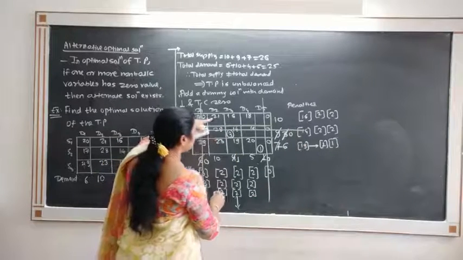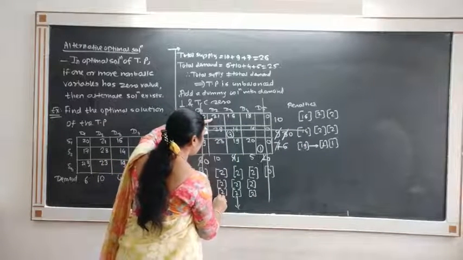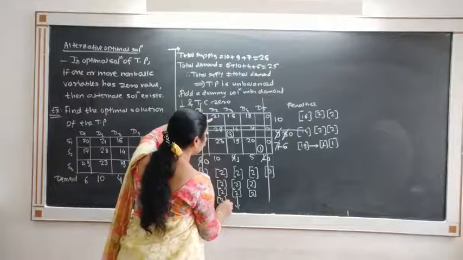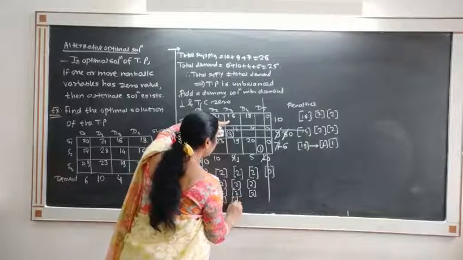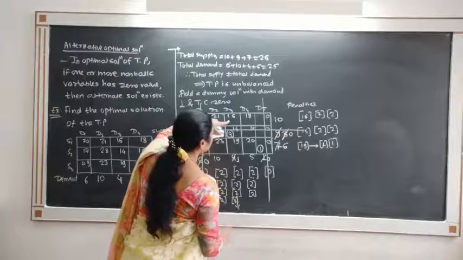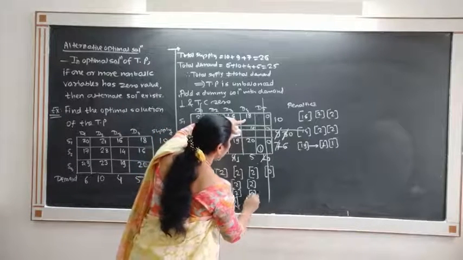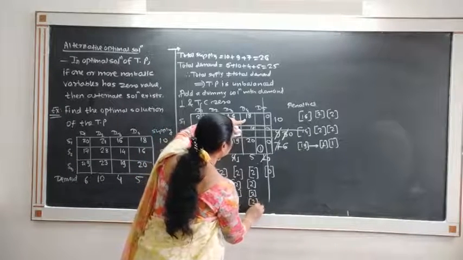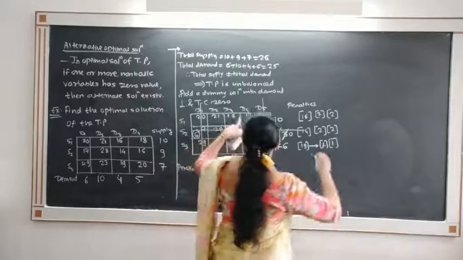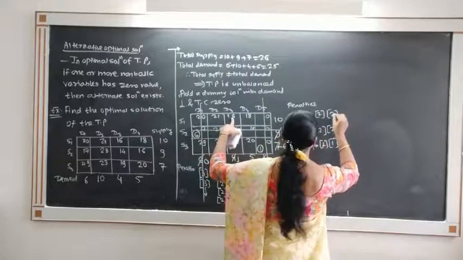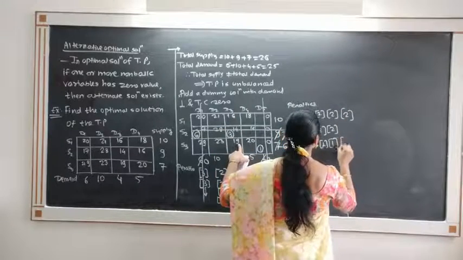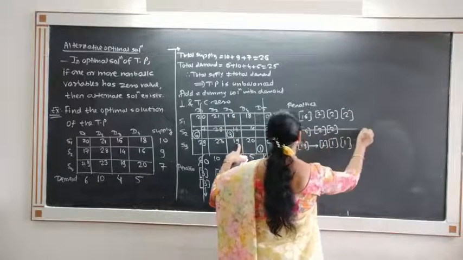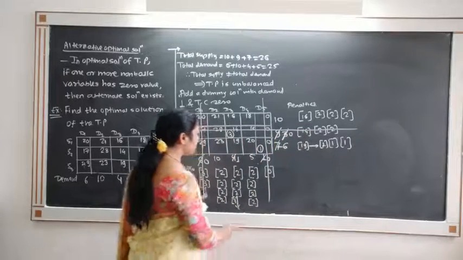Now again penalties. 23 minus 21, 2. 19 minus 16, 3. 20 minus 18, 2. 18 minus 16, 2. And 20 minus 19, 1. Maximum is 3.